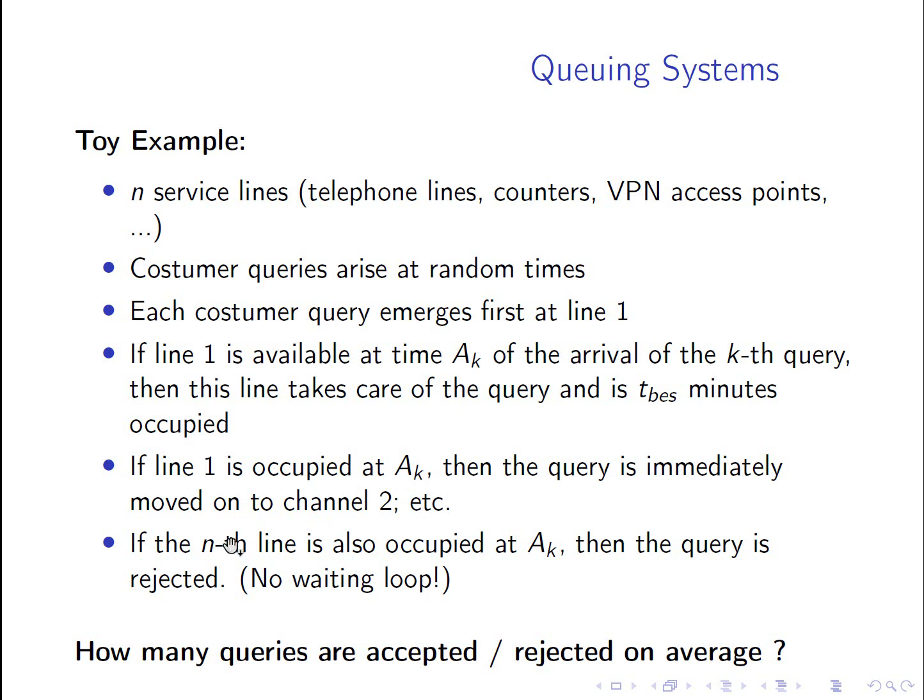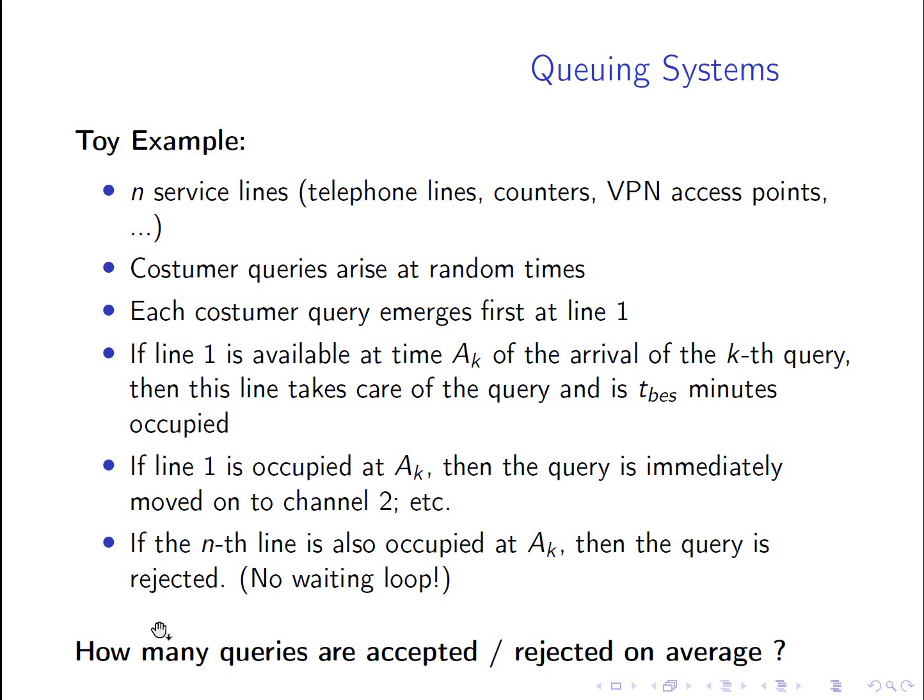And if all the lines are occupied, so we start with 1, if 1 is occupied, we go to 2 immediately, instantaneously, then we go to 3 if 2 is occupied, etc. If the nth line is also occupied, then the query is rejected. So then you are kicked out, so there's no annoying waiting loop.